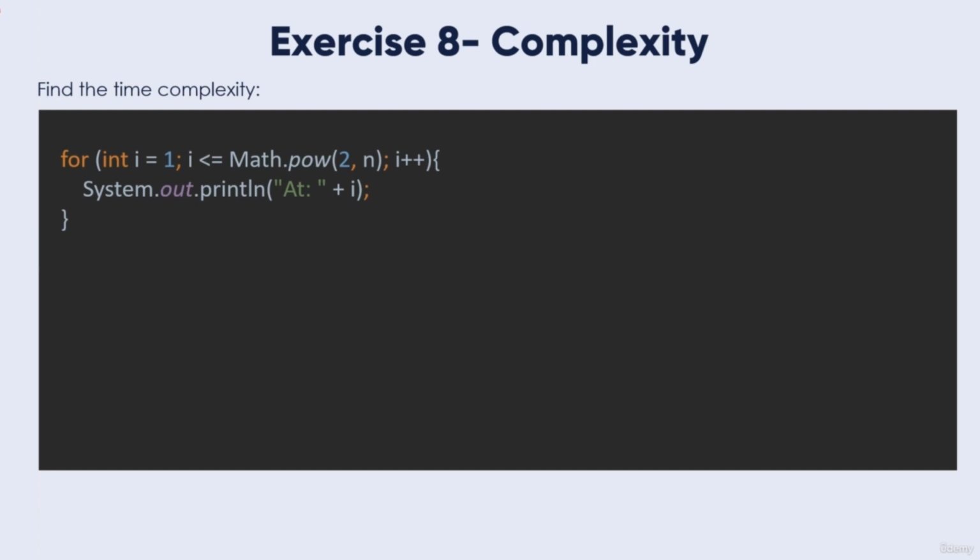As with every loop, we have to start with the initial condition, the stop condition, and the incremental condition. This loop is int i equal to 1. So, we will start with 1 here.